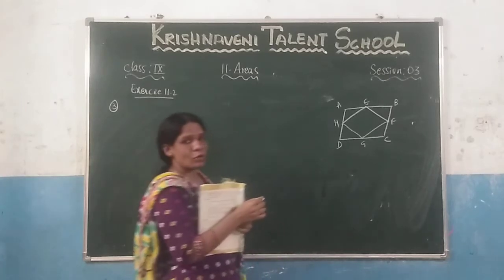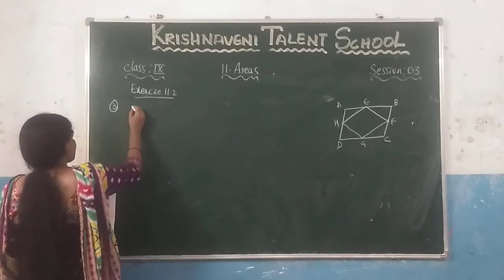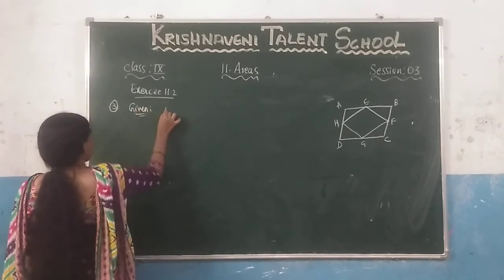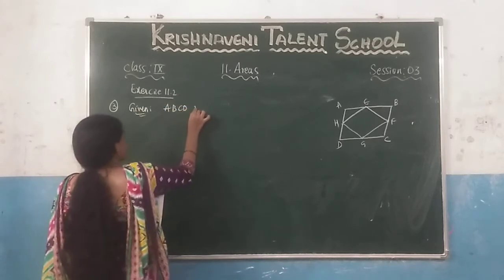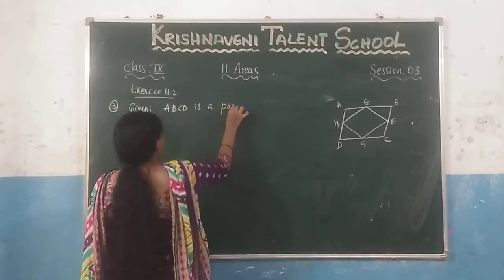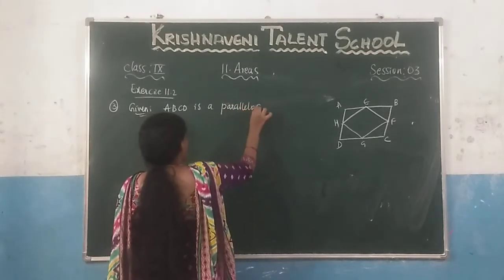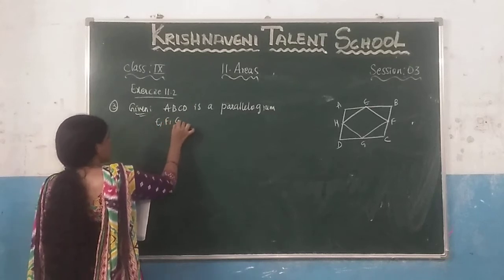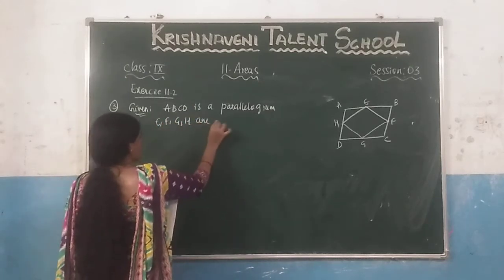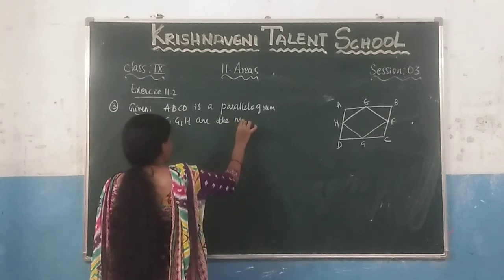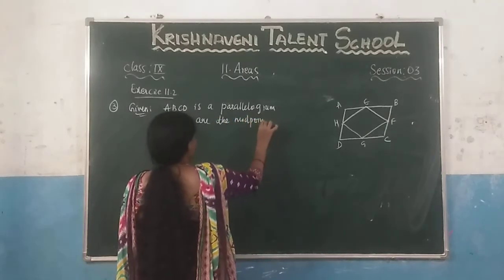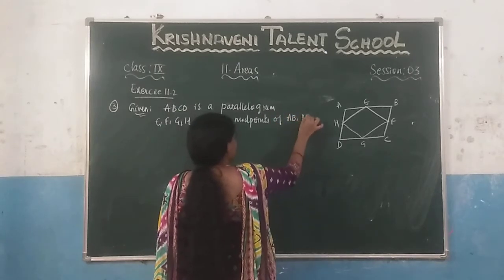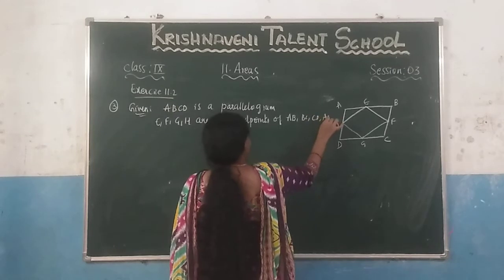So let us see how to prove this. Let us write what is given. ABCD is a parallelogram. And what else they have given? E, F, G, H are the midpoints of AB, BC, CD and AD.